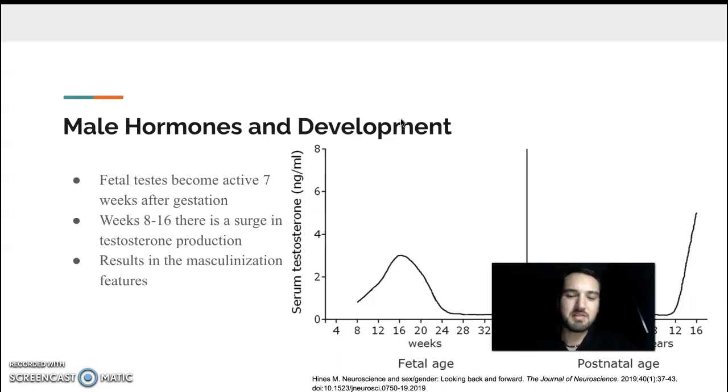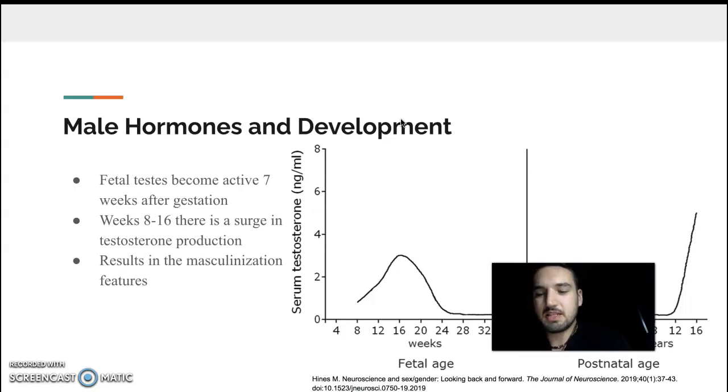So in the early weeks of 8 to 16, we see a massive increase in testosterone, which might indicate the presence of testes and the production of testosterone, which will then lead to the identification of a male fetus. And then from weeks 18 to 24, we see a decline in serum testosterone levels as we approach birth.